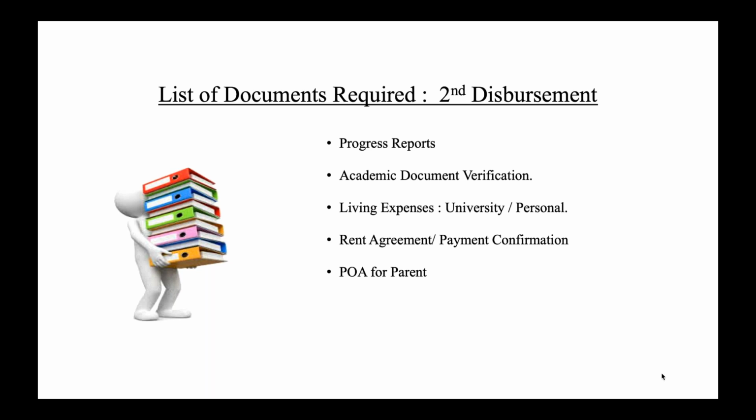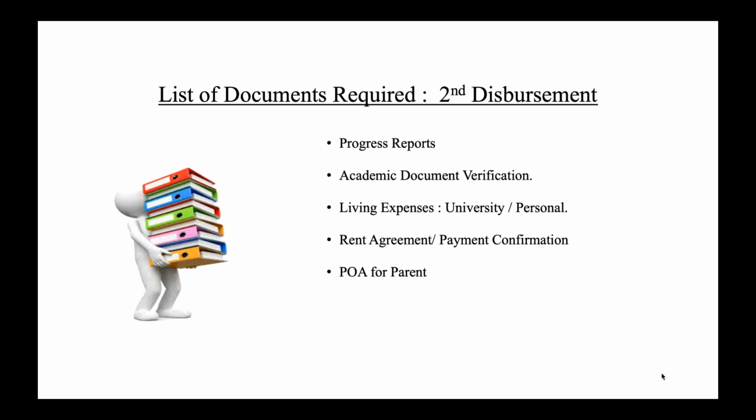Sometimes the banks will insist on that payment confirmation coming in, or the landlord undertaking coming in from your side, so that they can remit the living expenses to you. So again, disbursal can happen wherein they can remit the academic tuition to the university, and the local expenses to yourself or your account in the US.